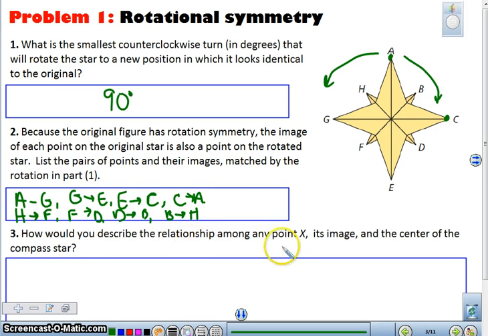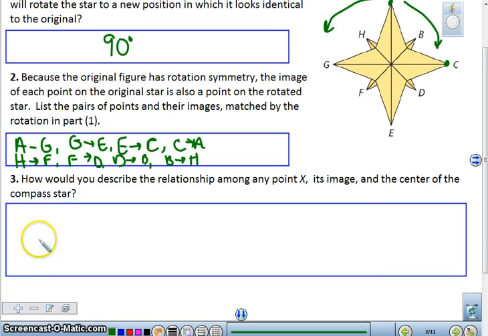It says, how can you describe the relationship among any point X and its image at the center of the compass star? After I write this down, you may need to pause the video so that you can write this down also.